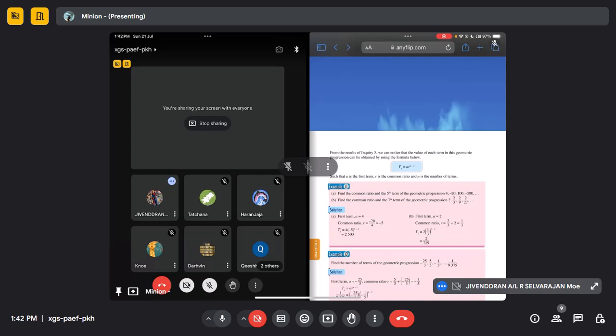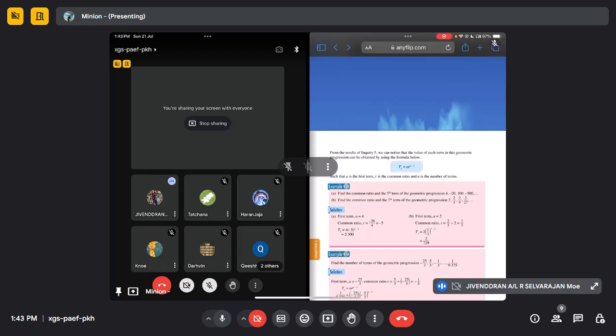Okay, so for B, find the common ratio and the seventh term of the geometric progression 2, 2 over 3, 2 over 9, 2 over 27 and so on. So the first term, as you can see in the question, equals 2. Then for the common ratio, we take the second term divided by the first term. So 2 over 3 divided by 2. You will get 1 over 3.